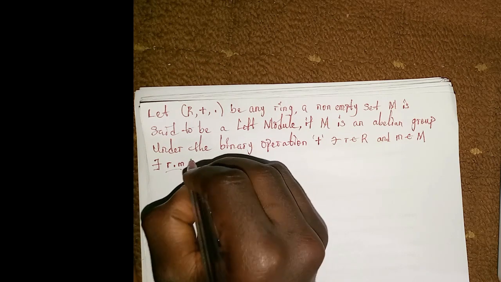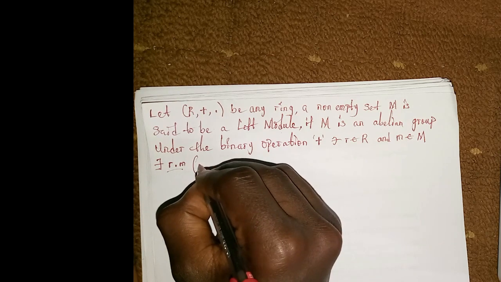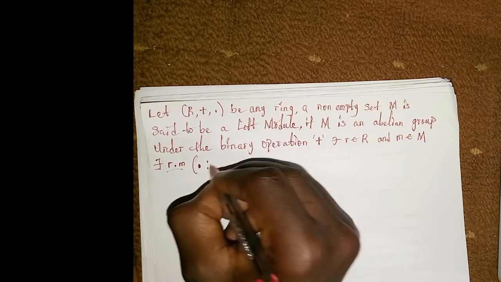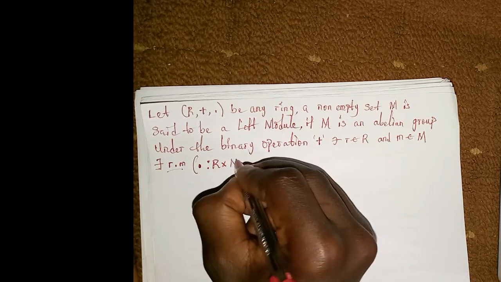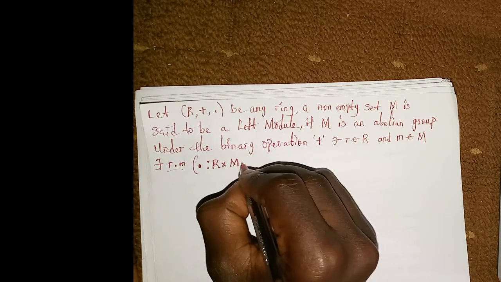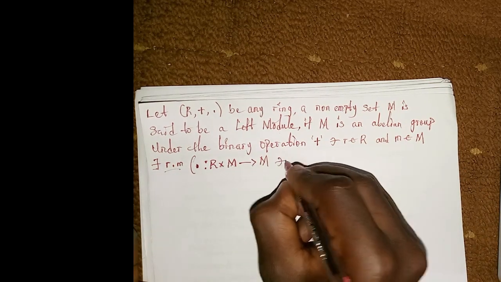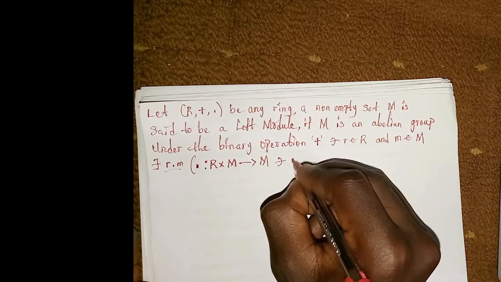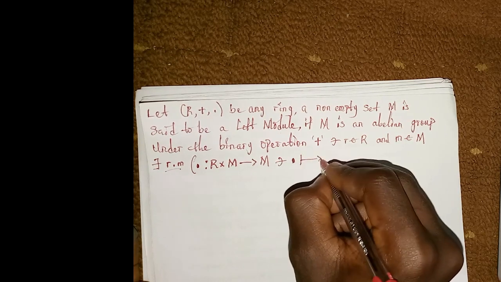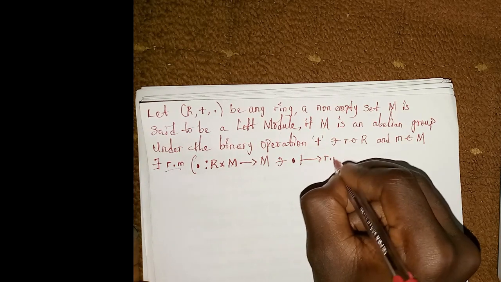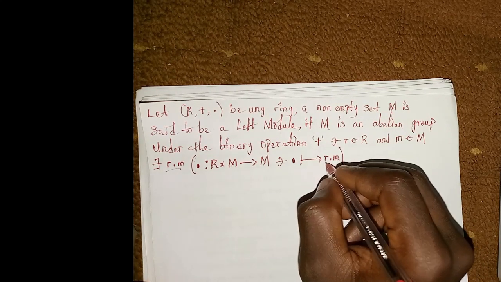Now we proceed by putting in a parenthesis, saying that the binary operation, which is the multiplication, is defined on the ring R cross M, which is the Cartesian product, which is mapping into the abelian group M, such that the binary operation, which is multiplication, is mapping into r dot m, which is the left ideal.